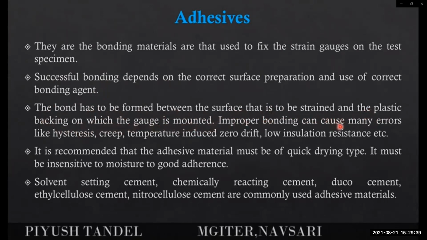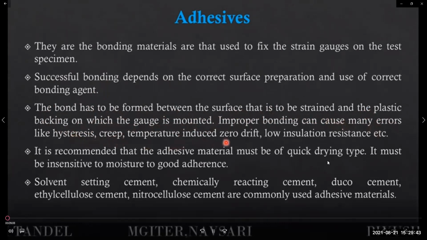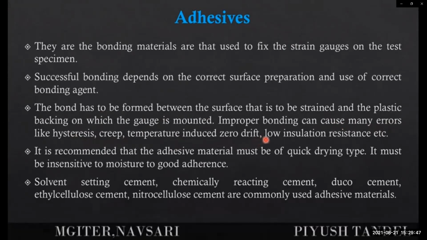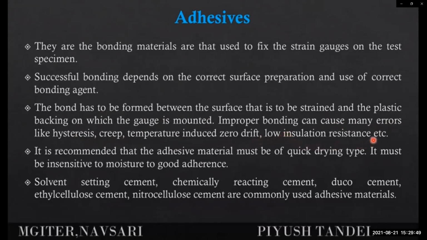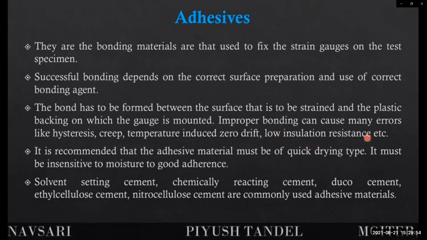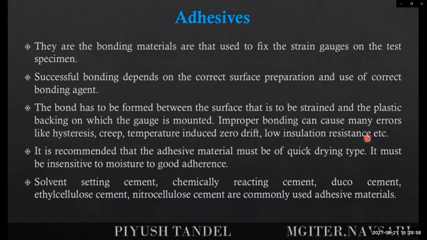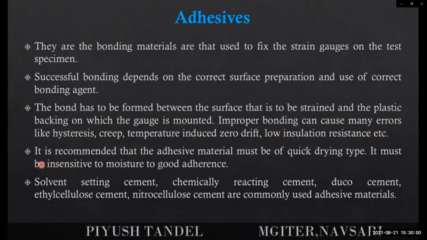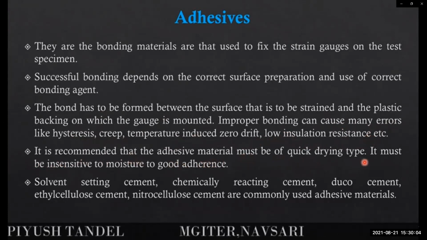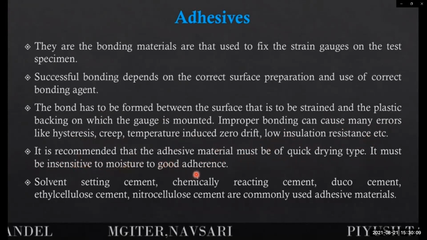Improper bonding can cause many errors like hysteresis, creep, temperature-induced zero drift, then drifting error can also be introduced in our instrumentation, low insulation resistance, etc. Different types of error are going to be there if bonding is not proper between the backing material and the strain material. It is recommended that the adhesive material must be of quick-drying type, insensitive to moisture and have good adherence.